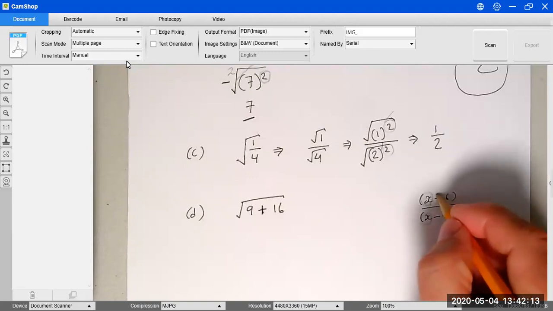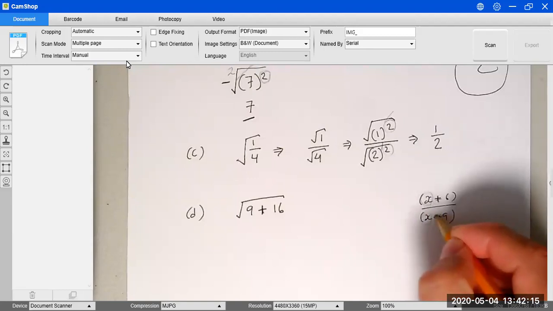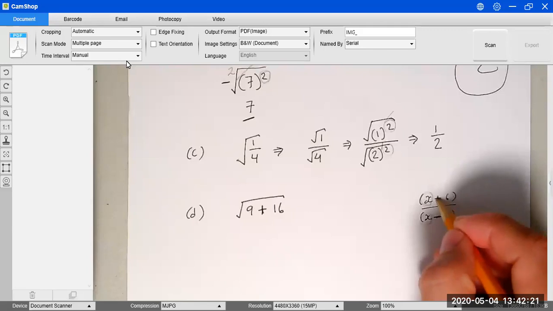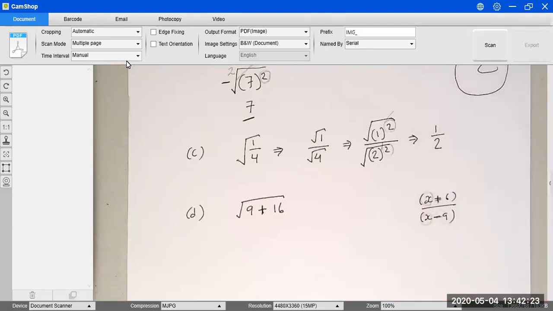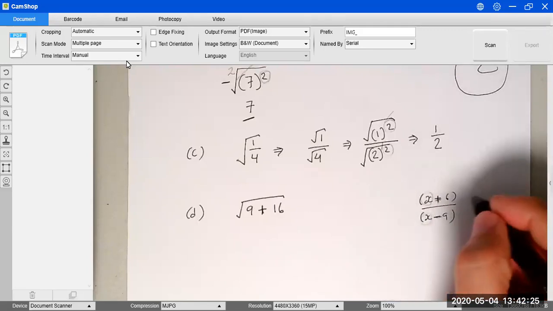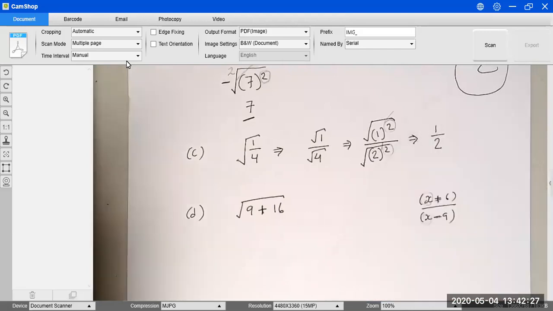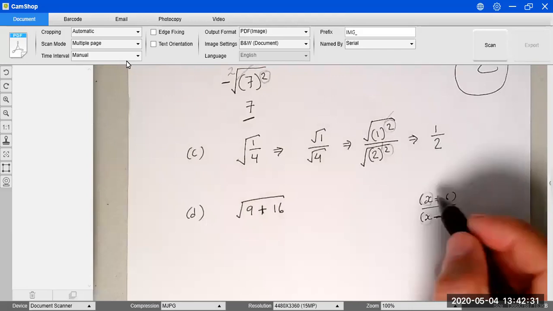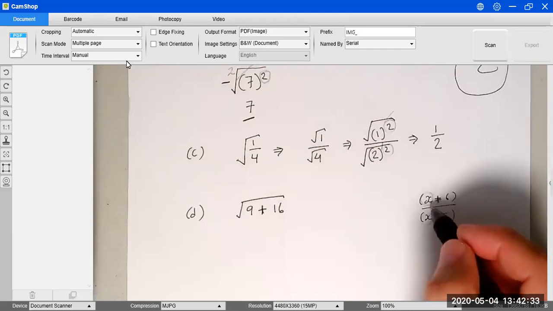So the plus sign, or the minus, is a very important part in the expression. They hold many things together, so you cannot just break it in a simple way. So you cannot remove the x here.